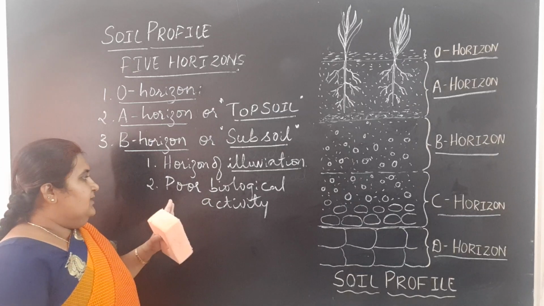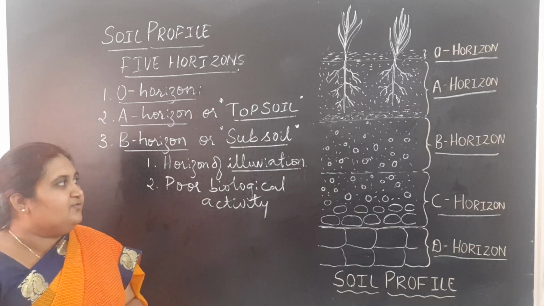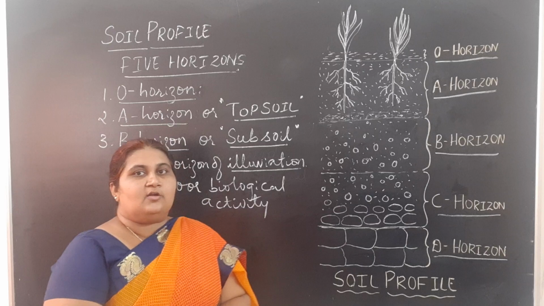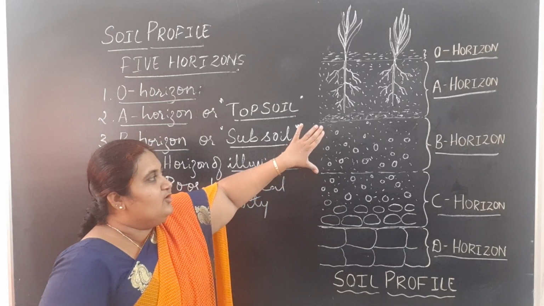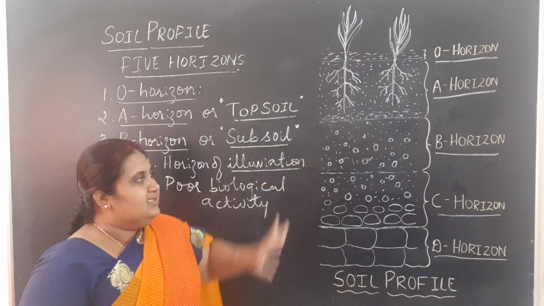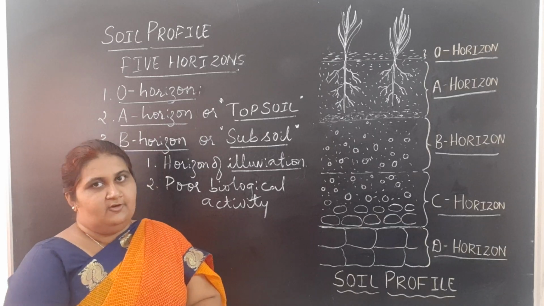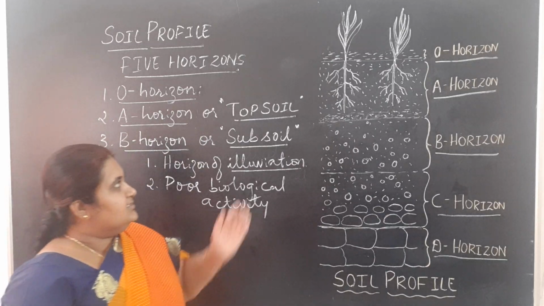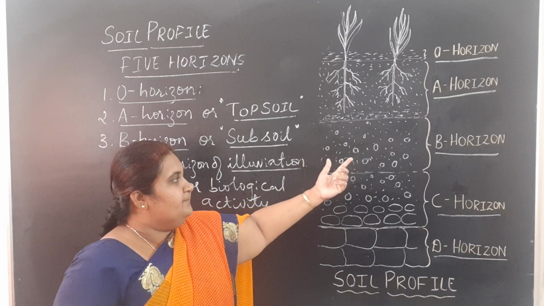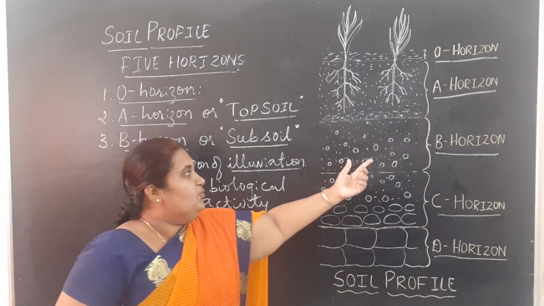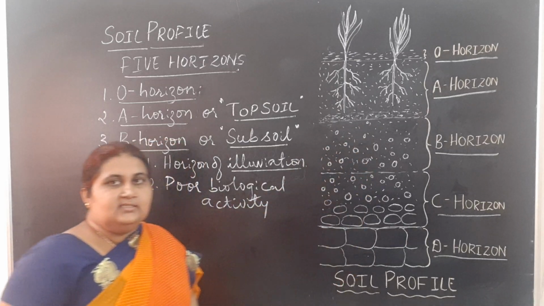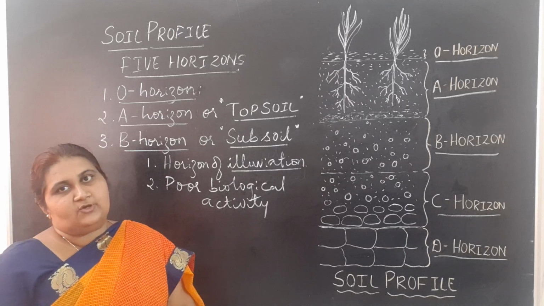As well as groundwater, the water table, is found where? In the B horizon. So this gravitational water goes and collects in the B horizon.